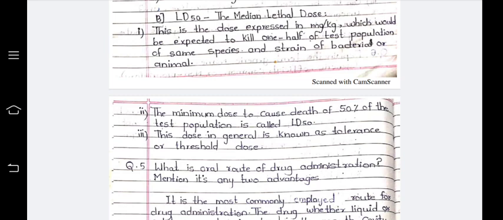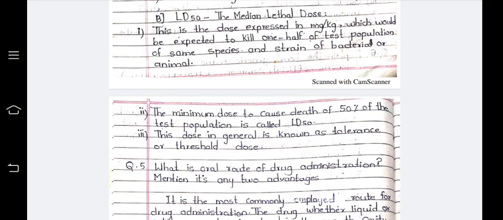Next term is LD50, the median lethal dose.